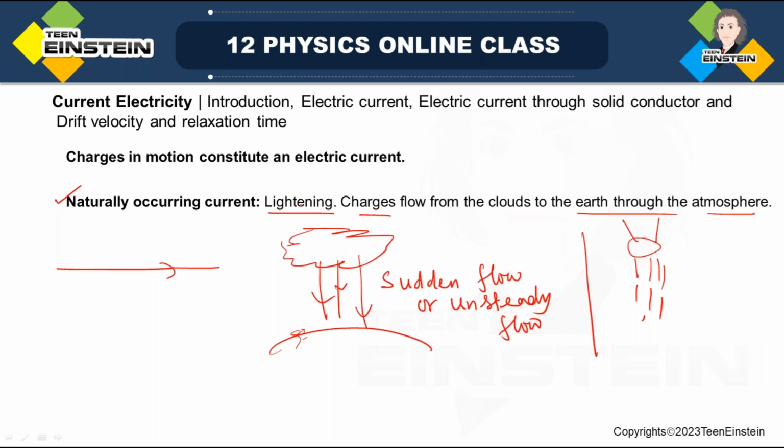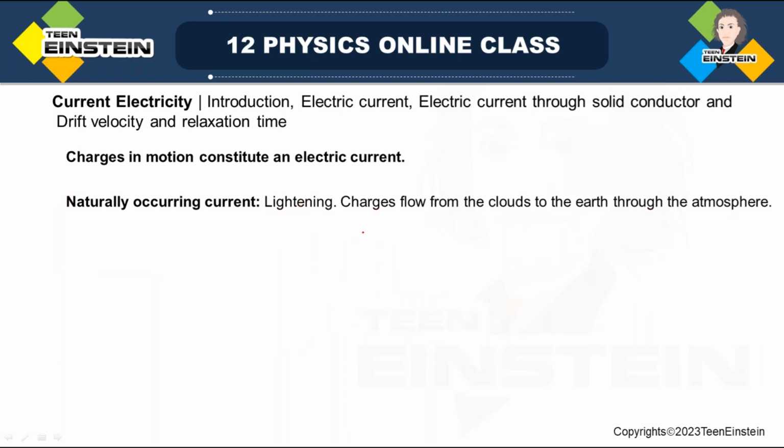So research is going on into how to catch this huge energy during lightning and make use of it in our life. However, we'll see.